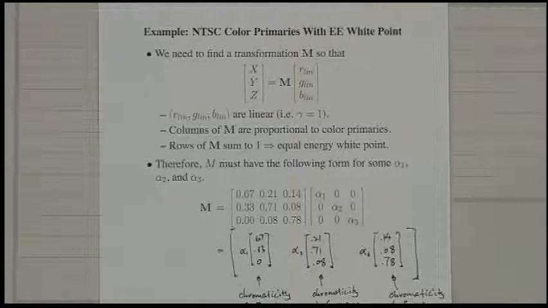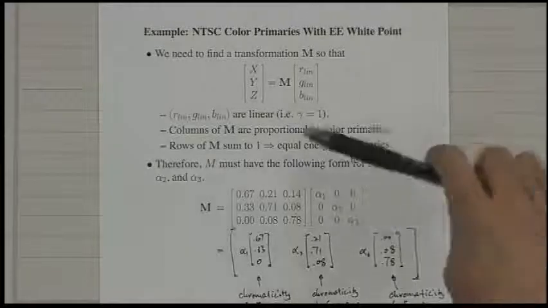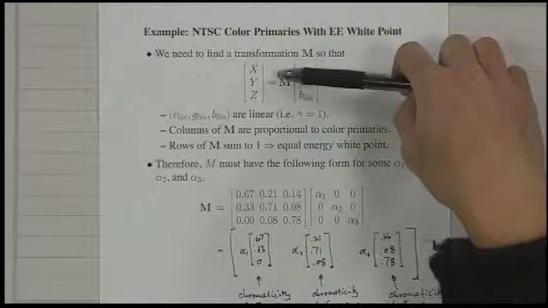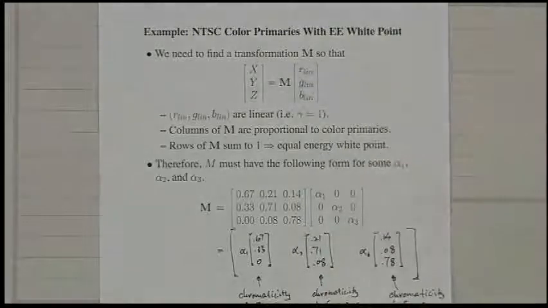So what people usually do is first convert from one device to a kind of hub. XYZ is an absolute color system, and it covers the whole color gamut.